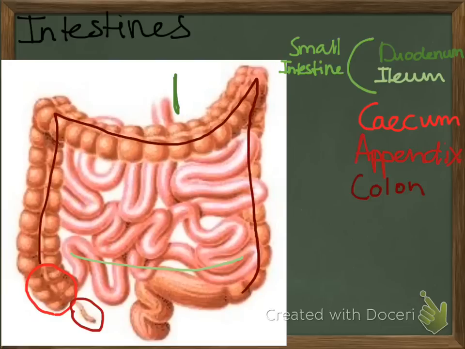Now, the rest of the large intestine, well, not the rest, because there's a little extra part. The big long part is called the colon. Here all the water gets absorbed.